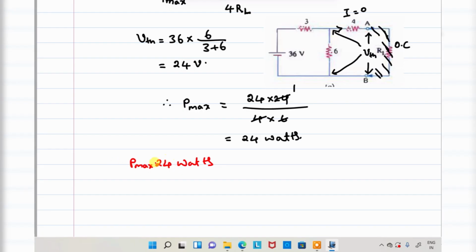In the options they are providing P maximum and load resistance equal to 6 ohms. Okay, this is the condition. If you increase the load resistance more than this or decrease it less than this, we won't get the maximum power of 24 watts, only less than that. This is the maximum limit. Okay.